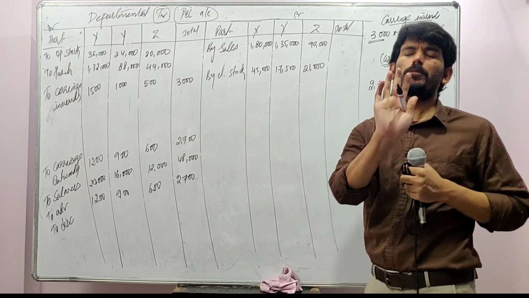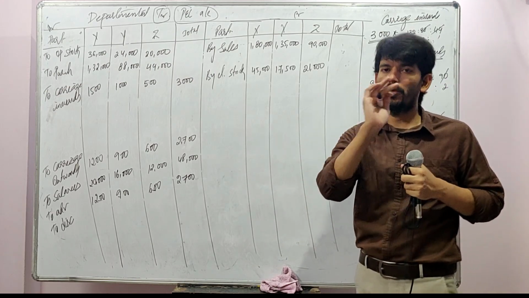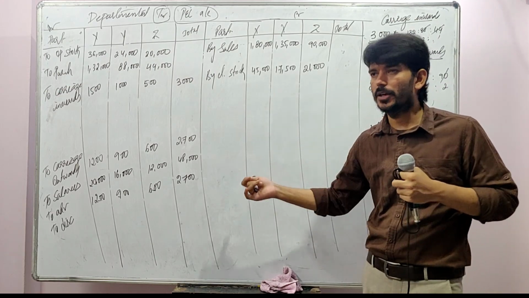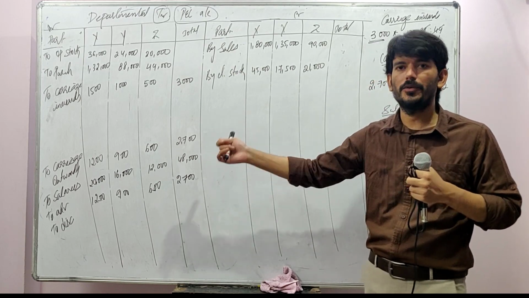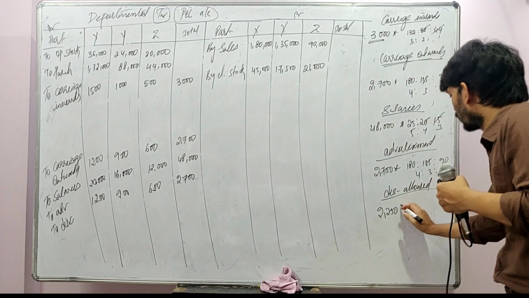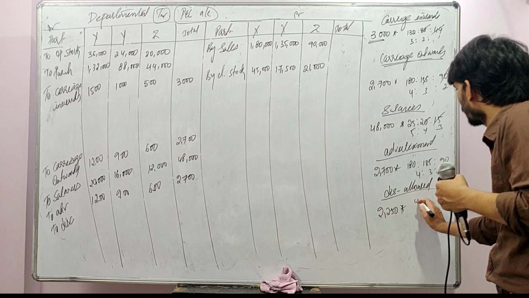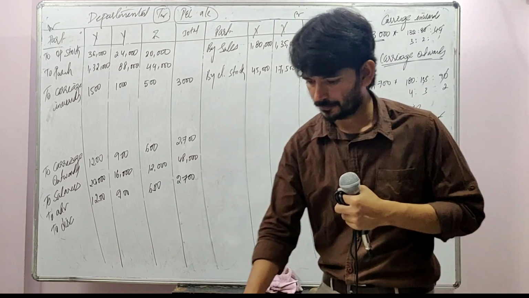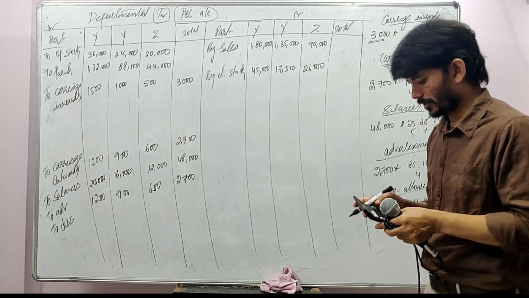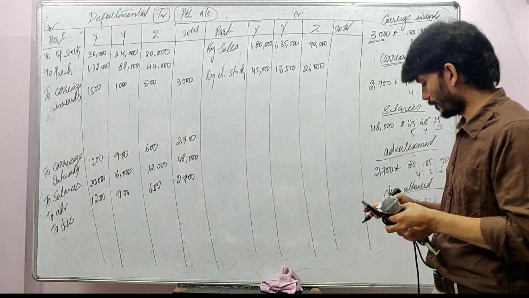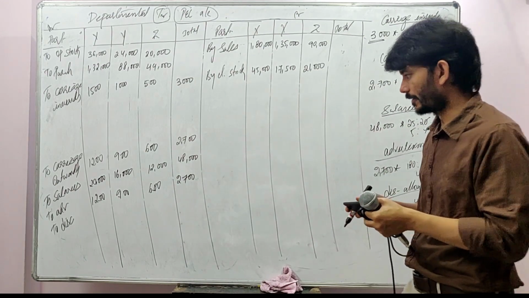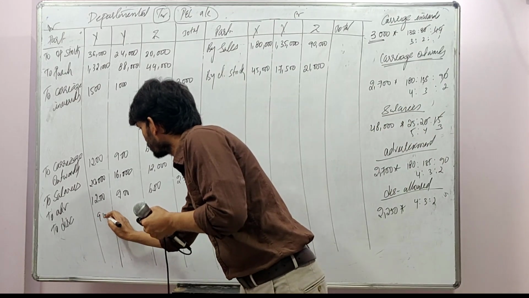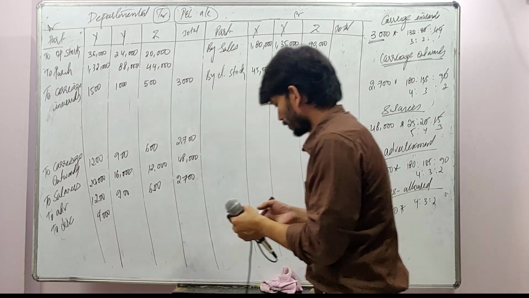One question, you listen properly or you solve it on your own very clearly. There won't be any ambiguity or doubt in this. So discount allowed is again based upon your sales, 4:3:2. 2250 multiplied by 4 divided by 9 is 1000.